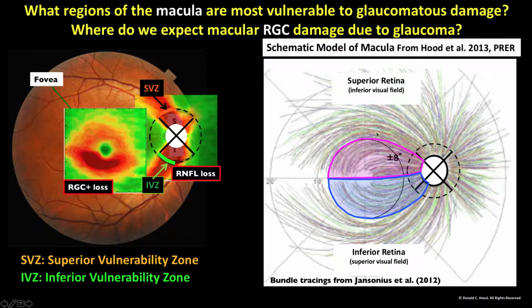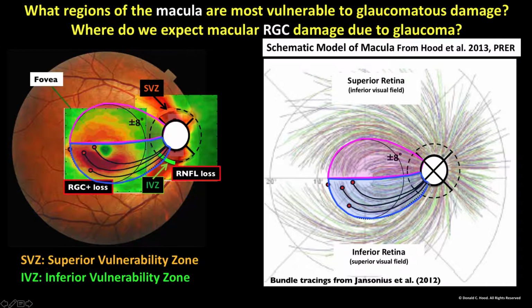Based on work we have done and others have done, we've developed a schematic model of the macula, and you can see it here superimposed on bundle tracings from Jansonius et al. What this is meant to capture is that this region of the macula, the ganglion cells, are sending their axons to this region of the disc. What I want you to notice is the inferior part of the macula sends its axons not to the temporal half, but right smack into the most vulnerable region of the eye.